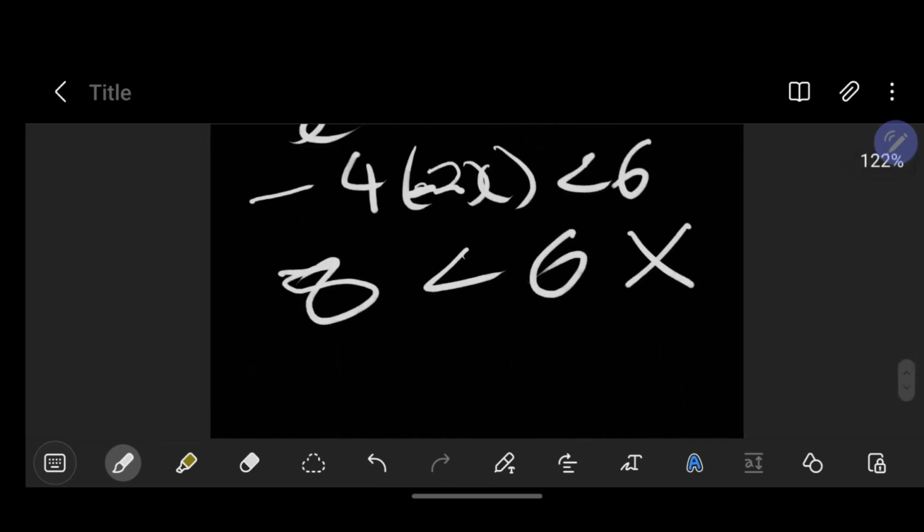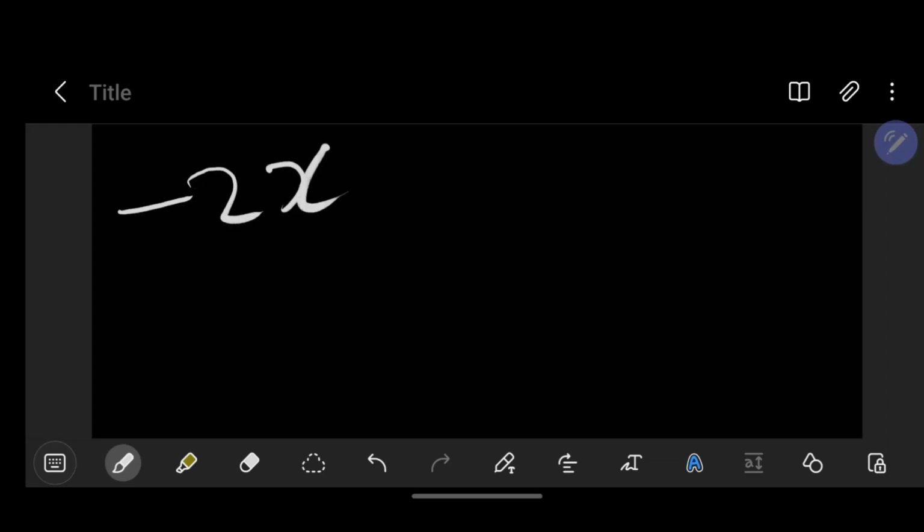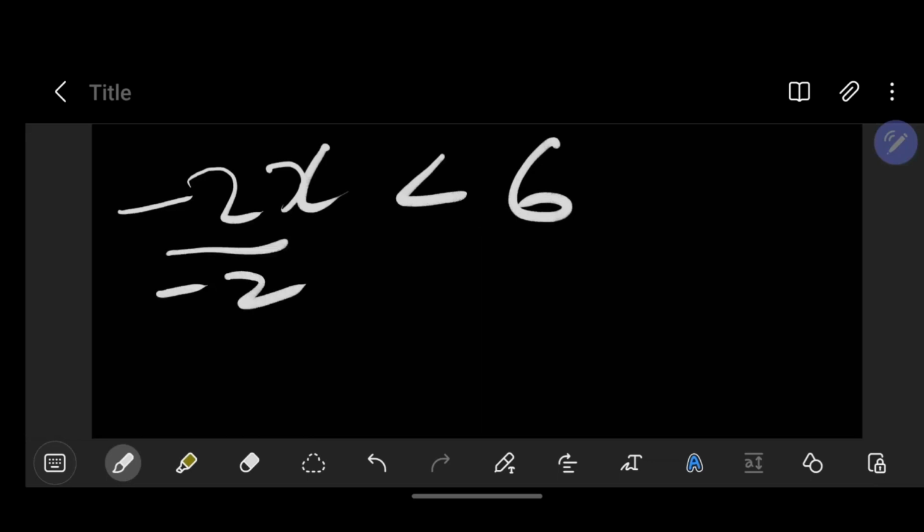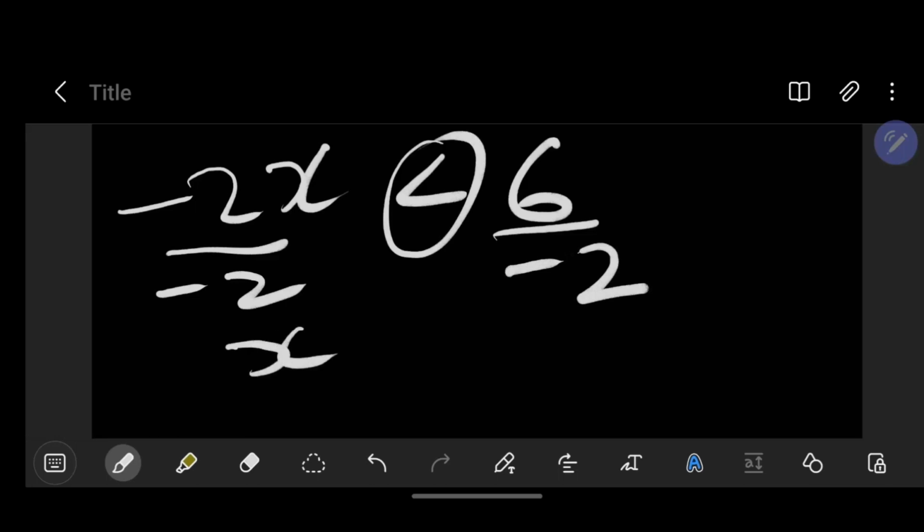So in order to solve this, we need to ensure that we change the inequality sign. Looking at the problem again, we have -2x is less than 6. So divide both sides by minus 2. We have x, and let's change the inequality sign. So we have x is greater than minus 3.